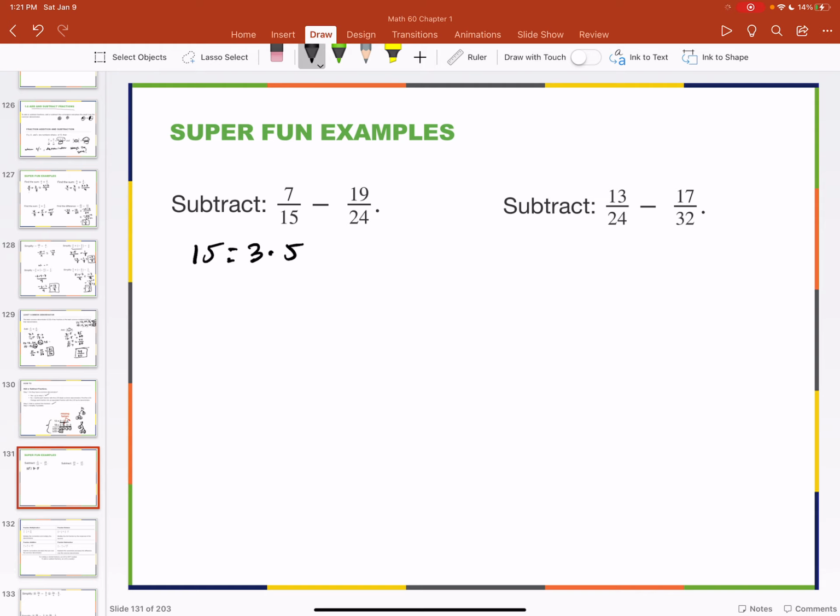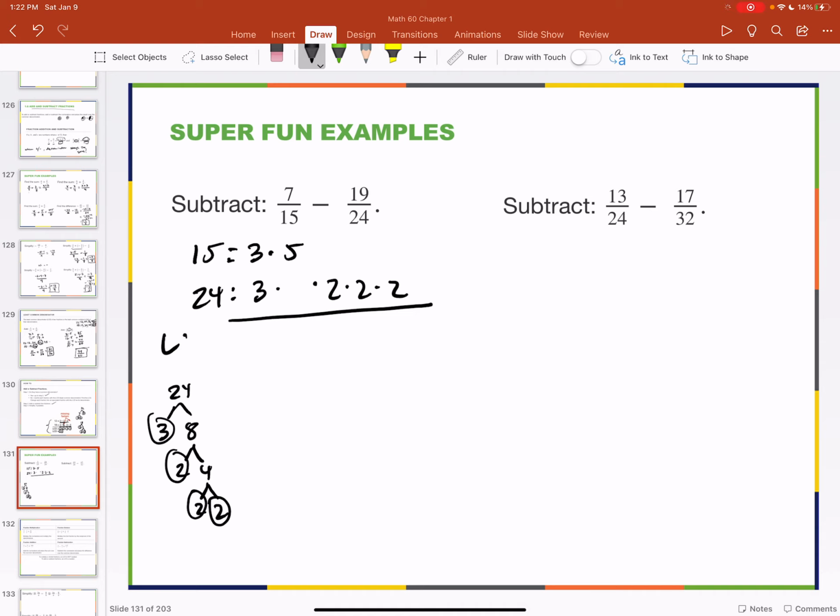What about 24? Primes. 24 is going to be 3 times 8, which is 2 cubed, 2 and 4, right? So here's the primes for 24. So 24, it has a 3. It does not have a 5, so I skip that. Then it has 3 2s, right?